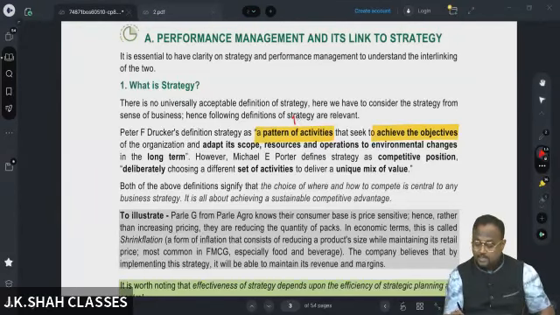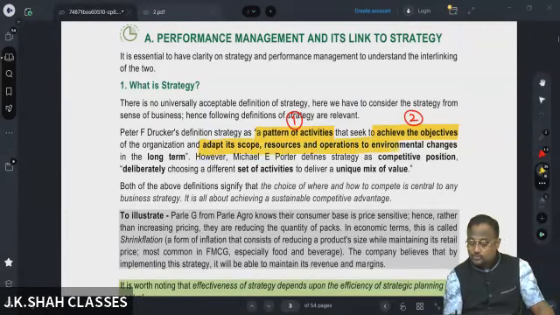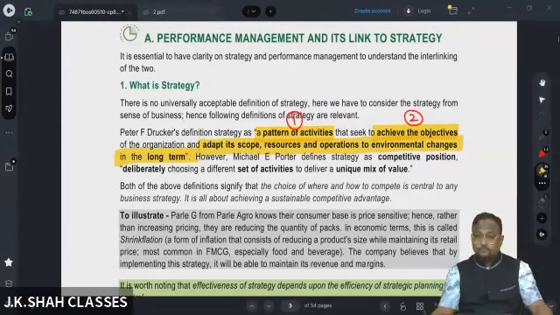So patterns to achieve objectives, adapt its core source, resource, and operation to environmental changes in the long term. Of course, when we plan some strategies, the strategies are for goal setting, and goal setting will never be short-term. It will always be long-term. Long-term perspective is something that we always focus on.